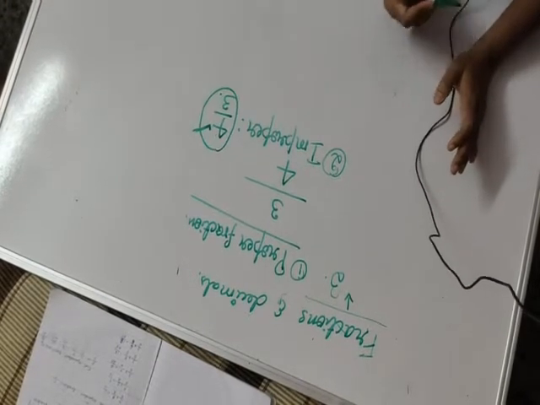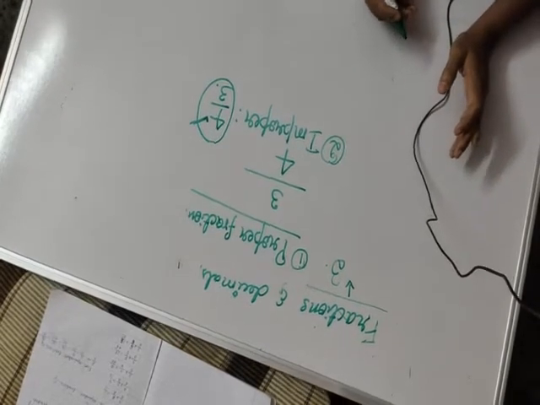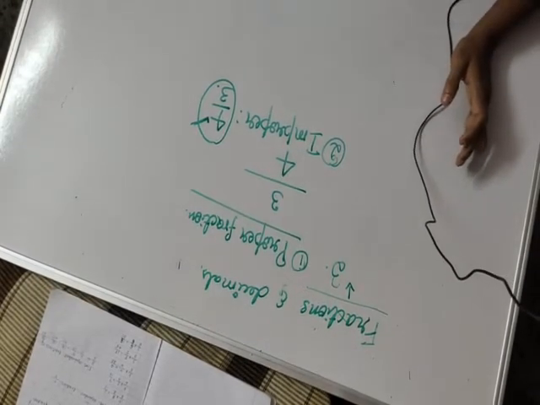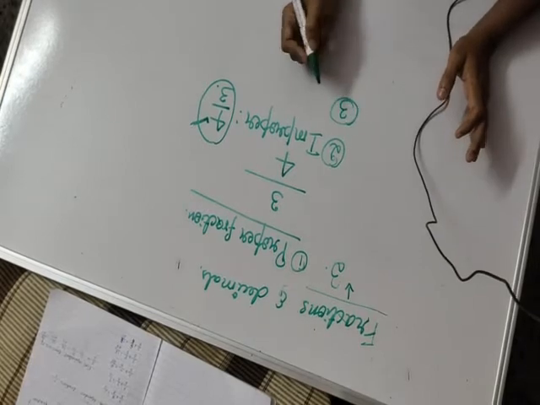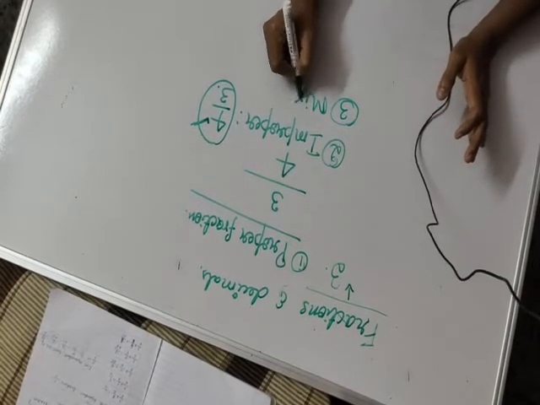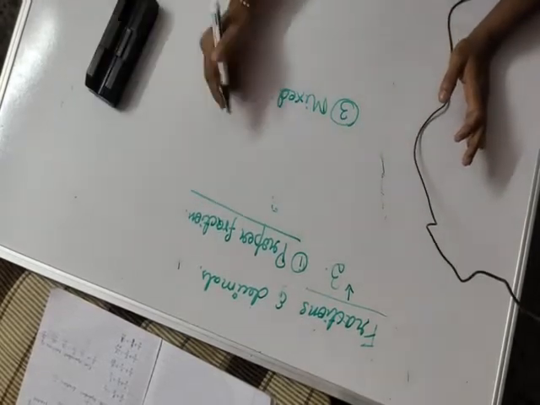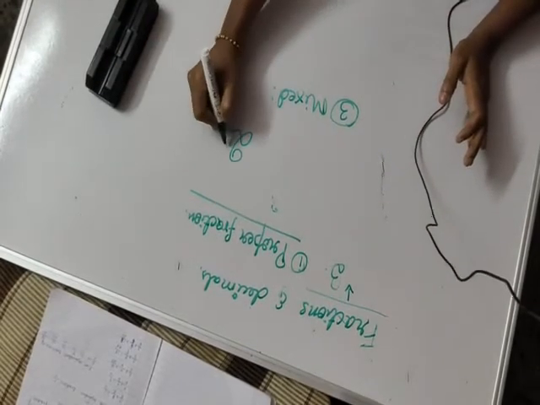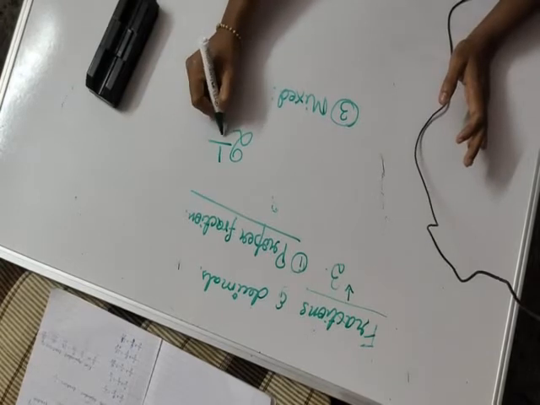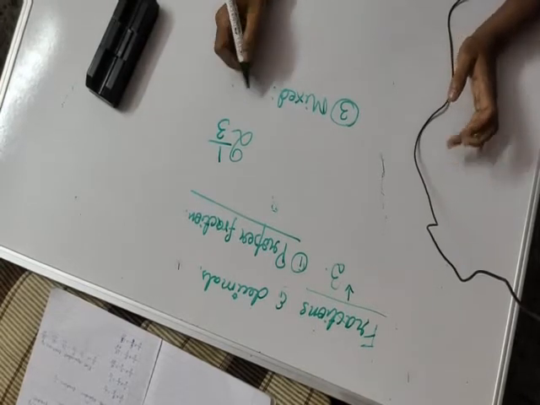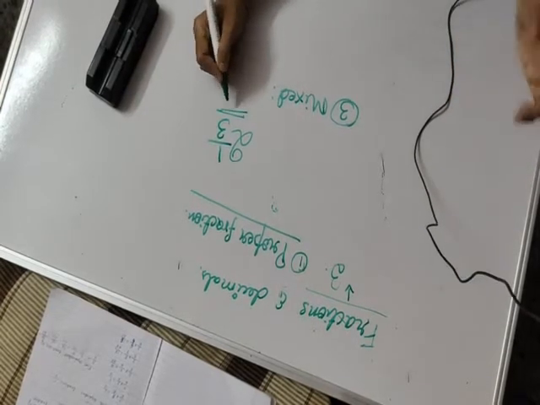Understood? This is the improper fraction. The third one is the mixed fraction. What is mixed here? Mixed is a whole number with a proper fraction. Proper means up small, down big. This is a mixed fraction.